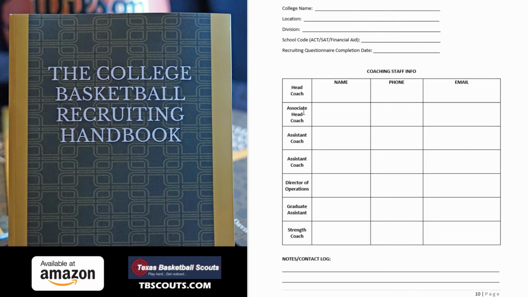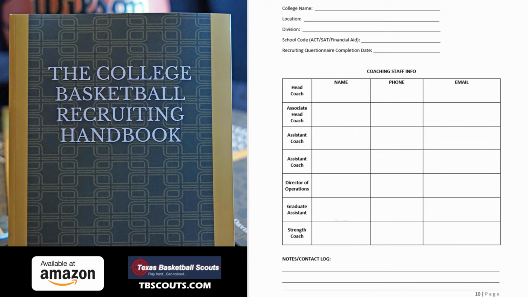Going down the page, you can see that you can write down the information for the different coaches, like the head coach, associate head coach, assistant coaches, director of operations, graduate assistant, strength coach, and you can write down their name, phone number, email. And some of you may know and may not know, but the head coaches rarely do the initial part of the recruiting process.